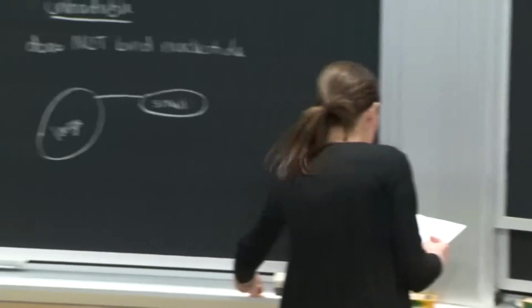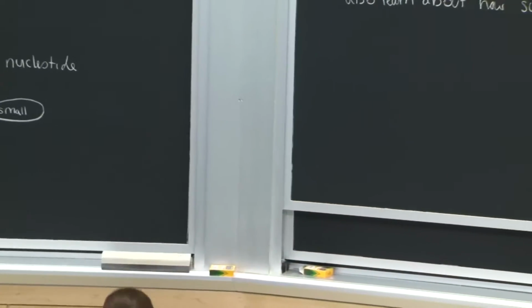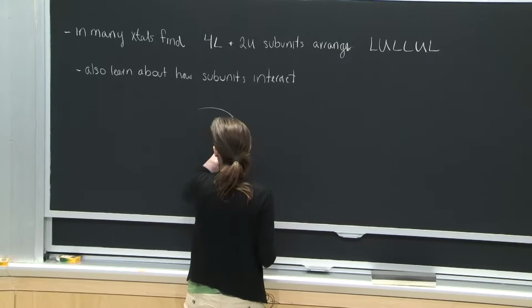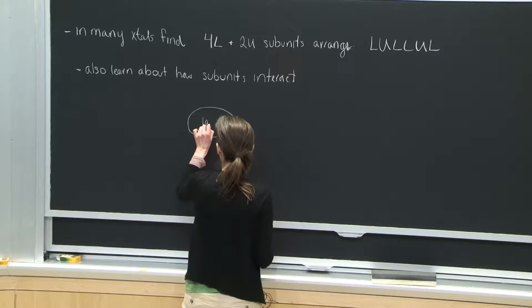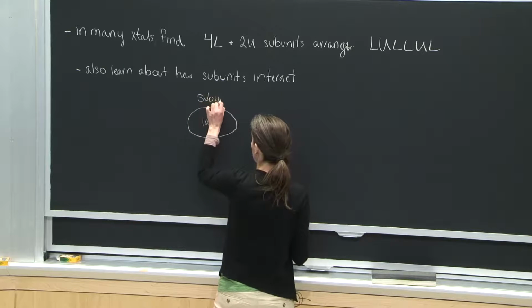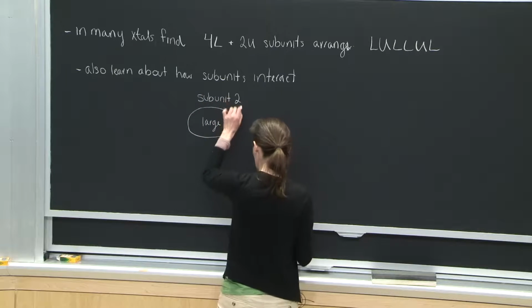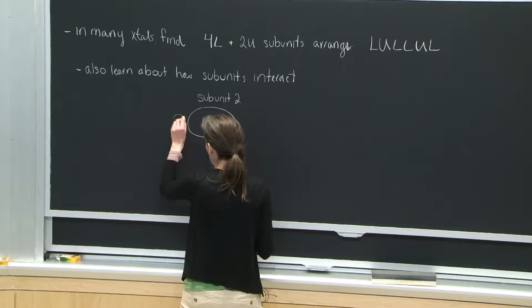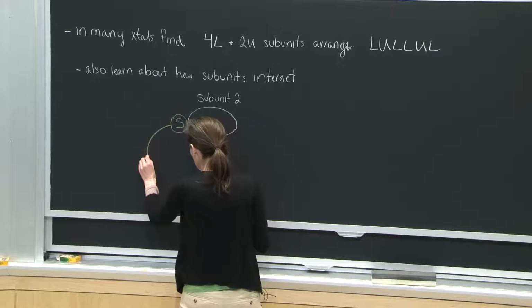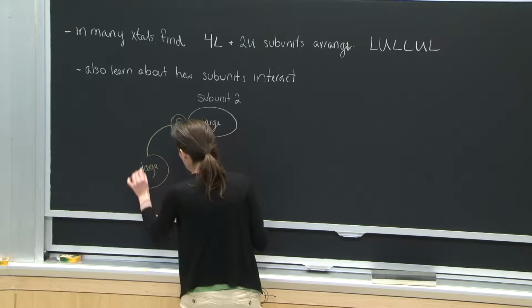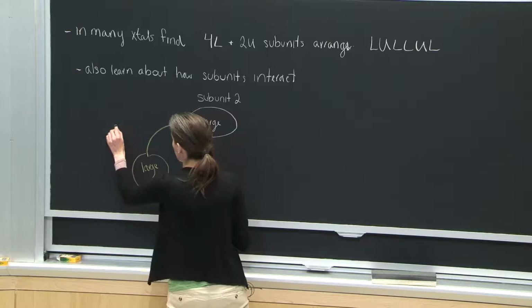And so we can draw this basically if we consider a large domain, and let's say this is subunit 2, then what we find is that there's the small domain and then the large domain of the subunit next door.